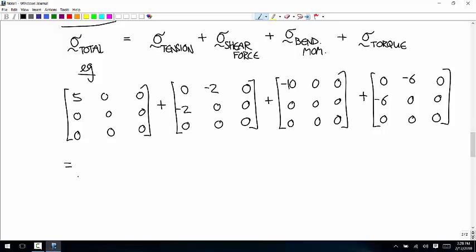That would give you a total stress tensor of -5, -8, 0, -8, and all the rest zeros. So you just add it up element by element.